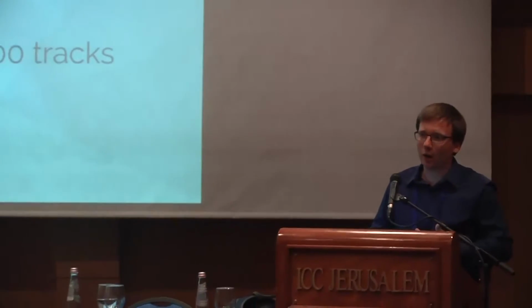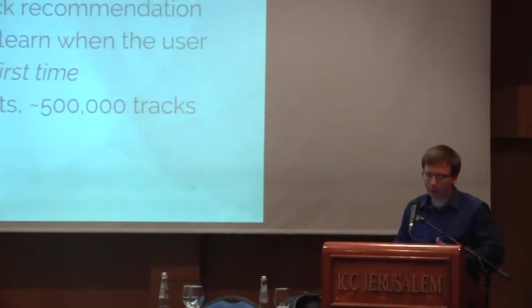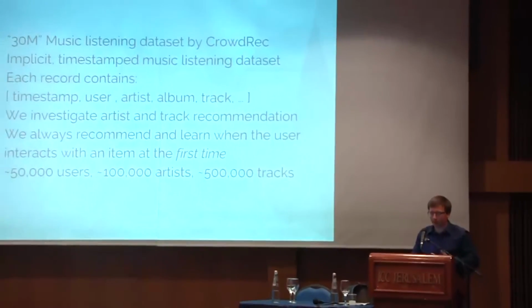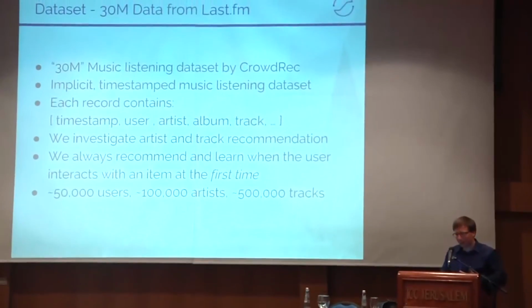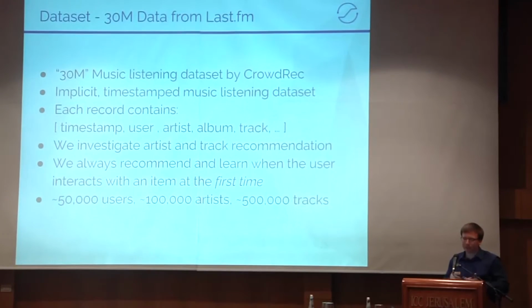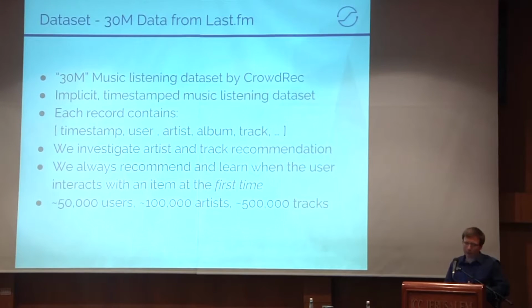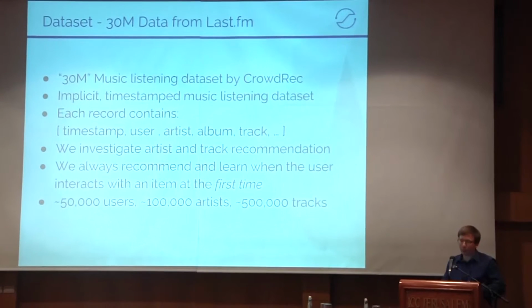All right. Before explaining our experiments, I introduce the data set that we have used in our experiment. This is the 30 million song music listening data set by the Crowdeer team. We have implicit timestamped music listening information here. For each record, we have a timestamp, a user, an artist, an album, and a track.